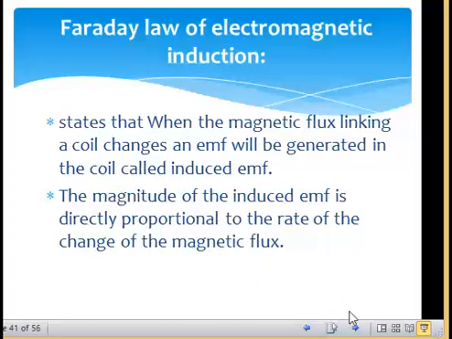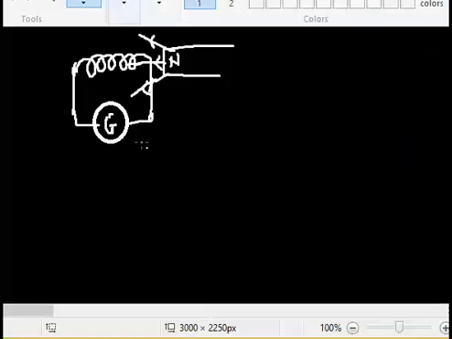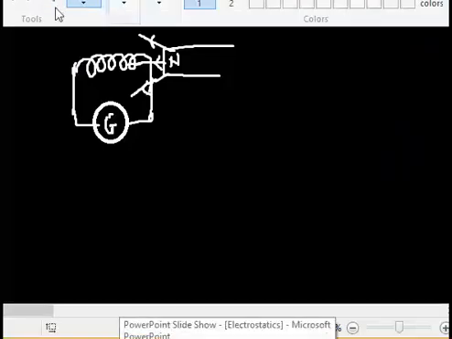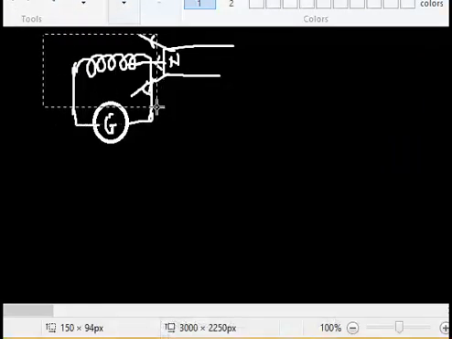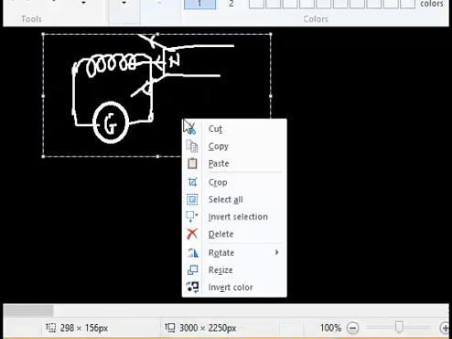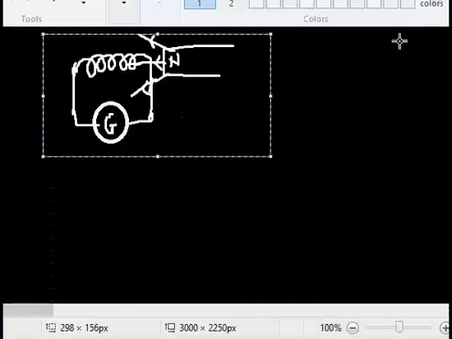I hope that is well understood. That's the two laws of Faraday. These laws generate a formula for us.